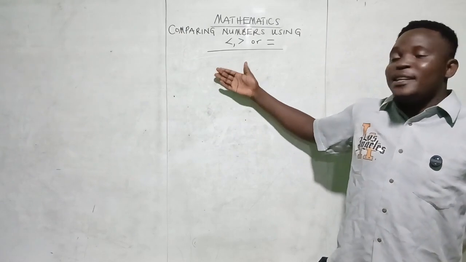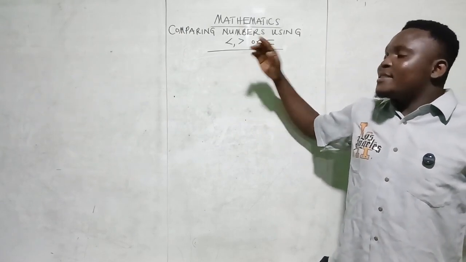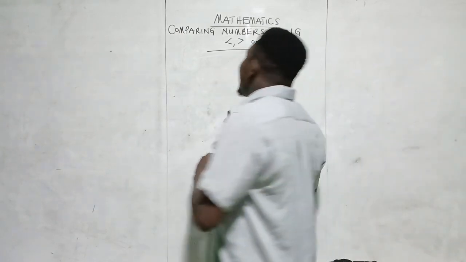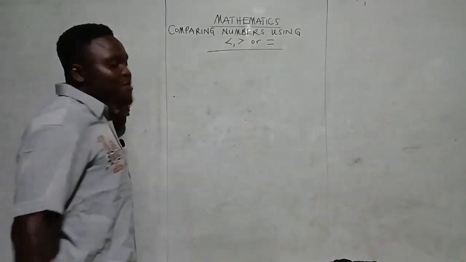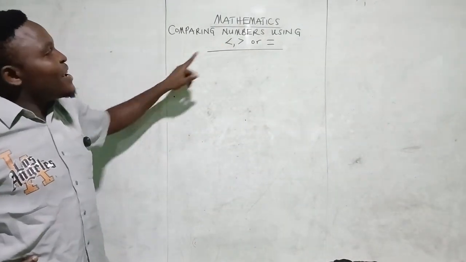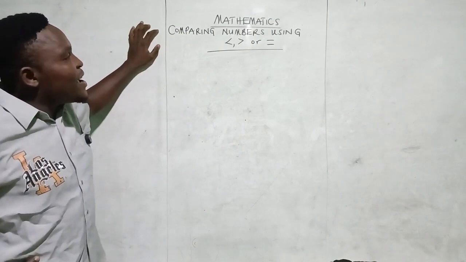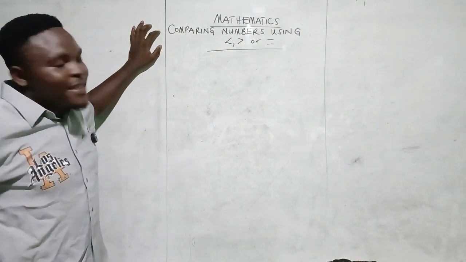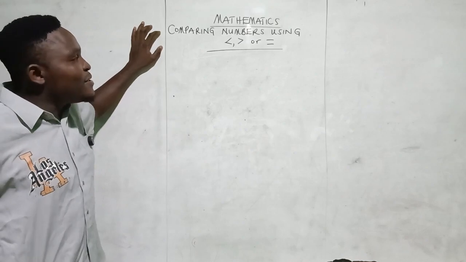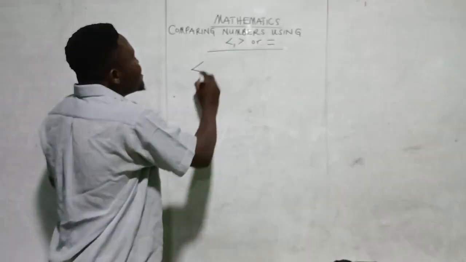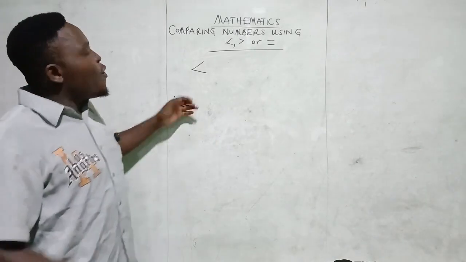Yes, even people who are done with university still find difficulties and challenges even with the names of the symbols. So today I want to give you some hints that will help you to get the names of these symbols as we proceed. Now, this first sign is what we call less than.